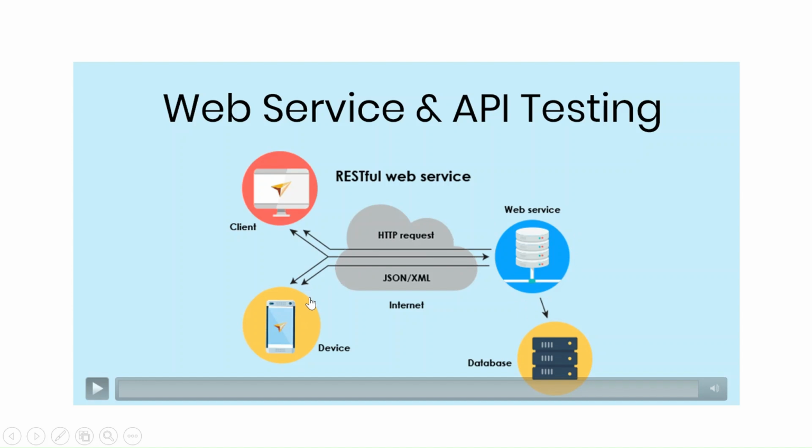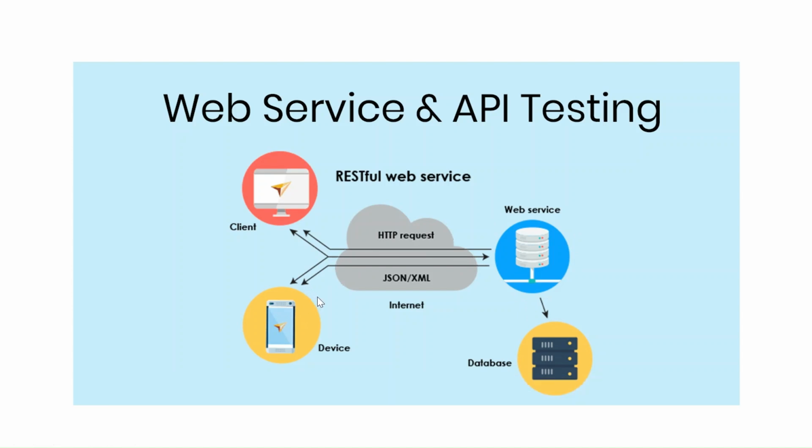This is the normal process of how the client interacts with web services through the HTTP request. All RESTful APIs use standard protocols like HTTP and HTTPS to communicate with the web services and the database.